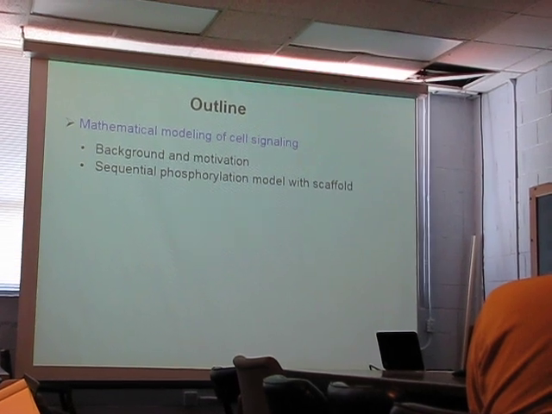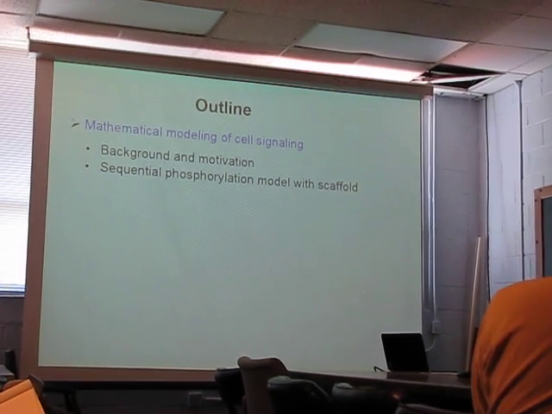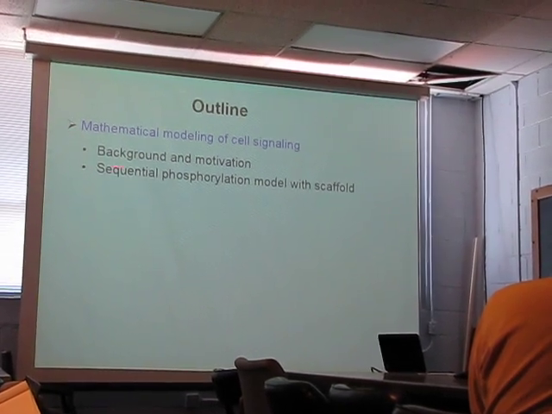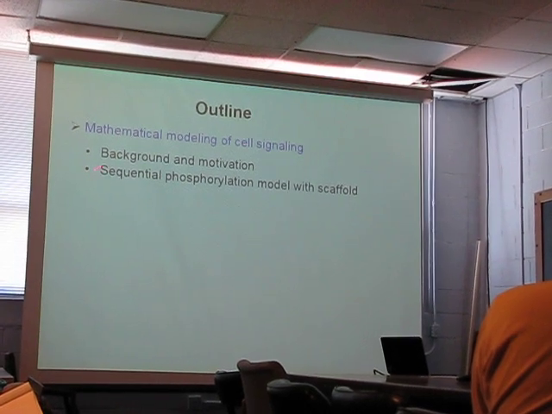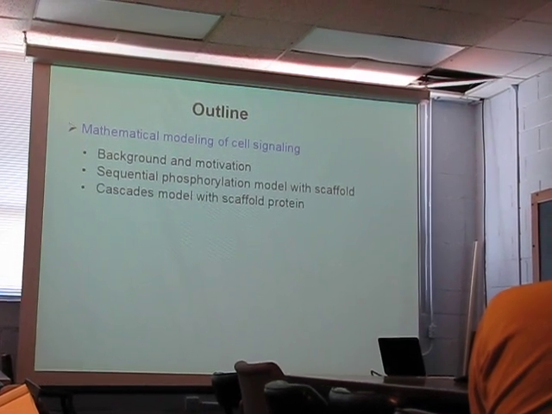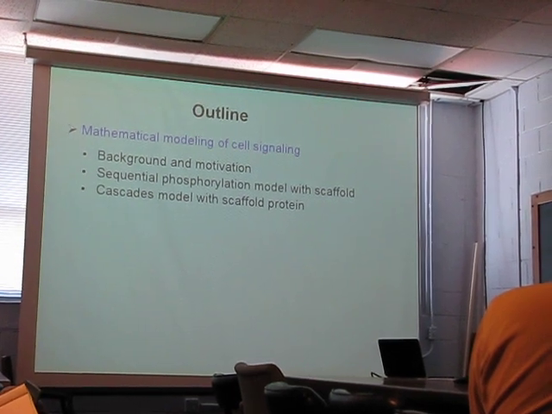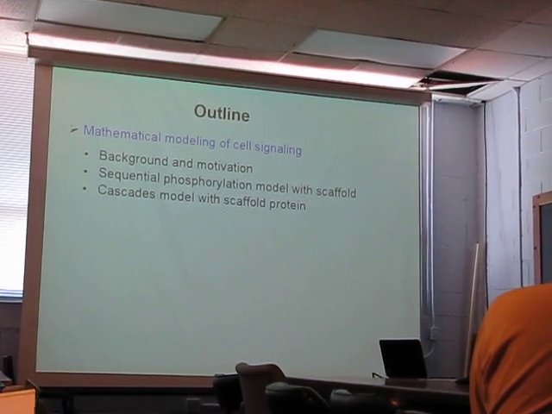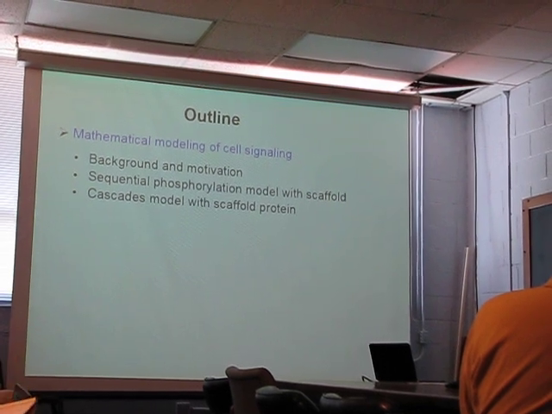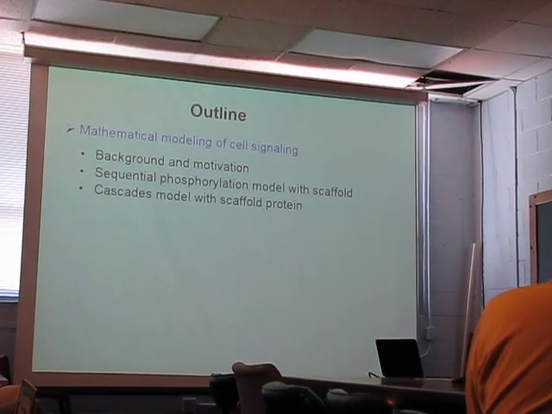It's called scaffold protein. First we'll discuss the sequential phosphorylation. Then we'll discuss the more complicated cascade model, like the layer-wise model, and again we'll introduce scaffold protein into that model.